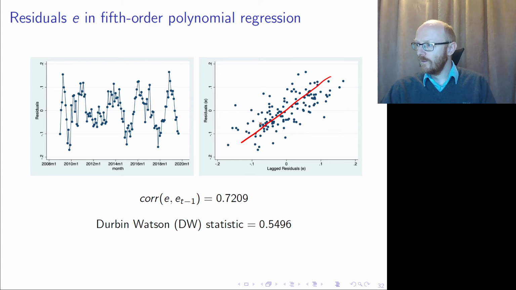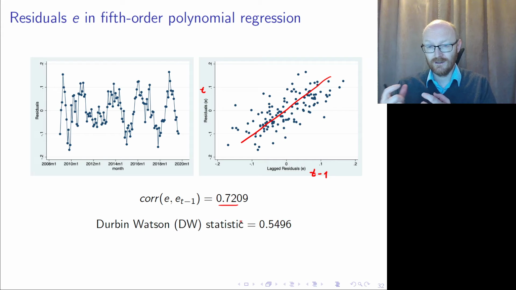We can plot the residuals at time t against the residuals at time t minus 1, and the correlation is 0.72, which is quite high, so they are positively correlated.